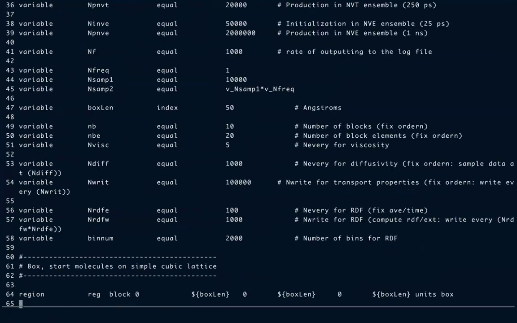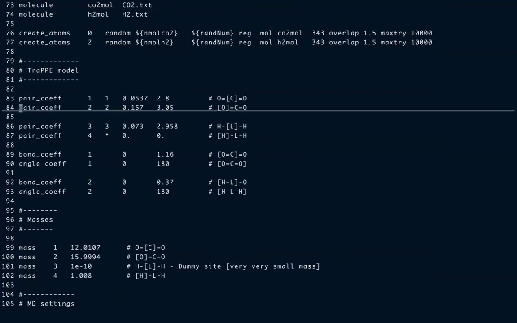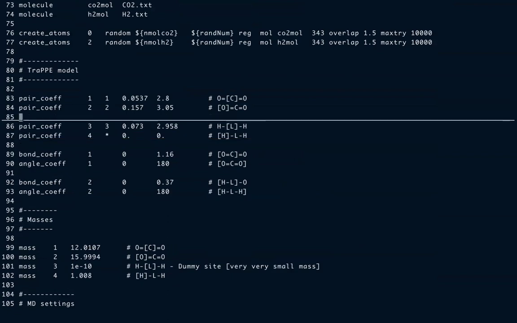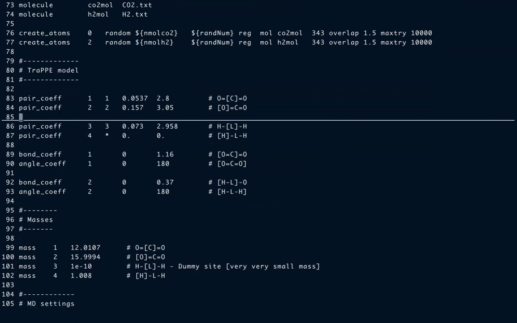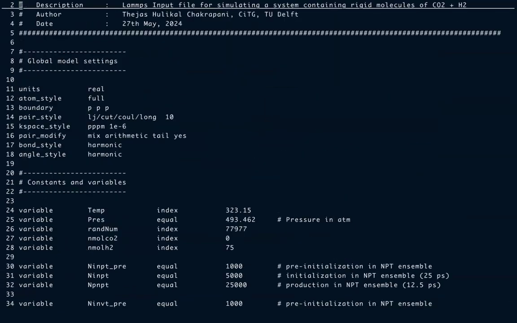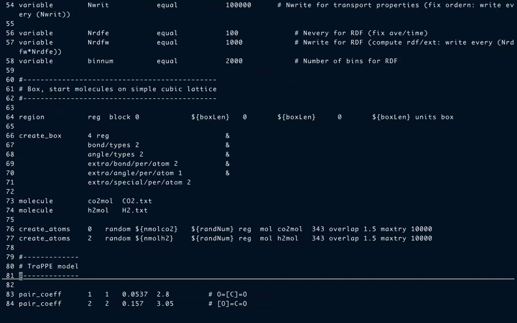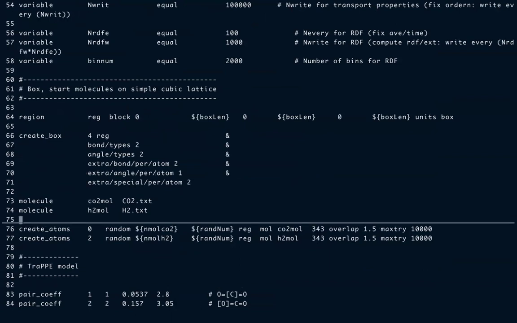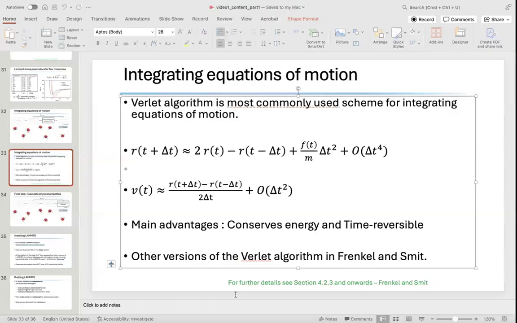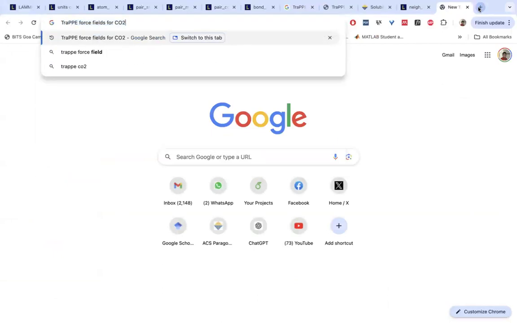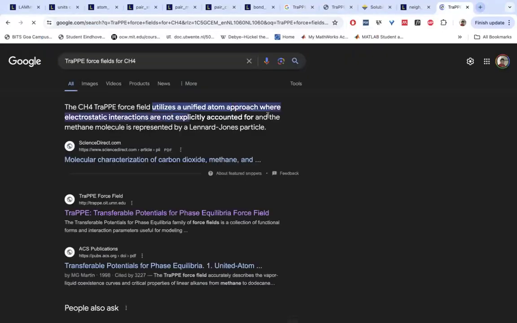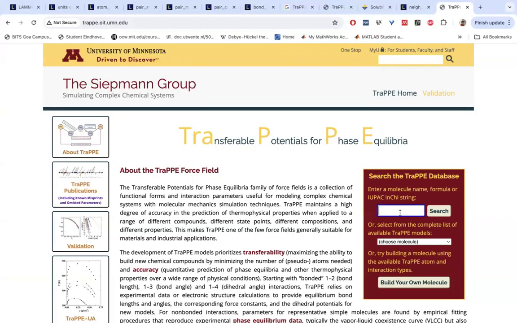If you wish to add a new component, say for example methane, all you have to do is say pair coef. Firstly, you have to define the methane molecule, so you have to add a description here, right? Methane is usually well defined using the Trappe force field.